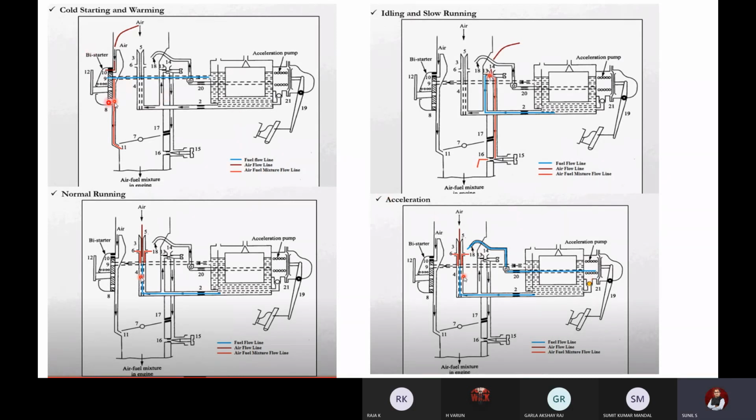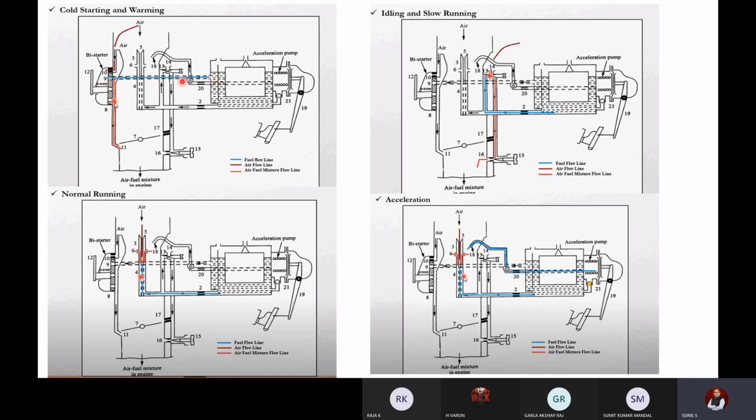Under cold starting conditions, there will be a disc 12, you can see here by number 12. This will be pulled out. When this is pulled out, the larger diameter hole will be opened here, so that the fuel will be coming through this port.